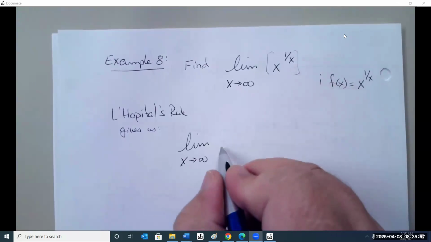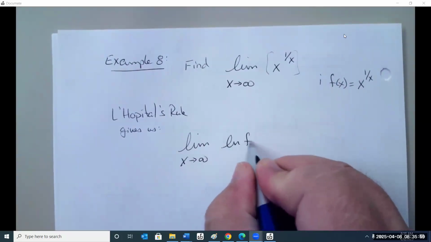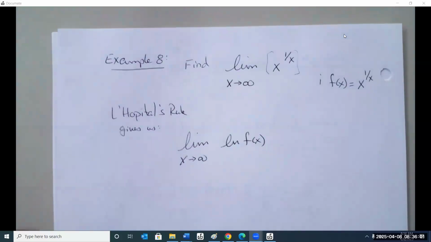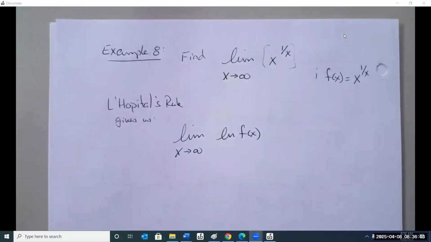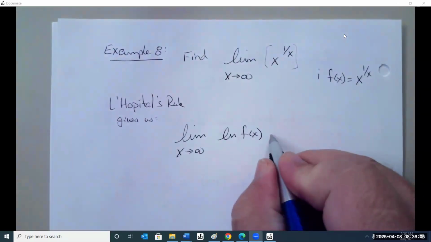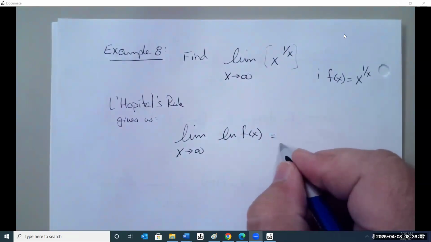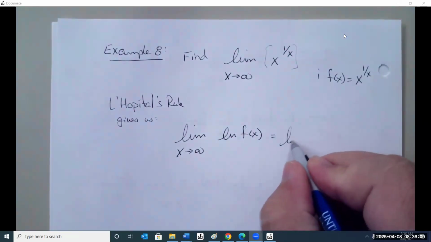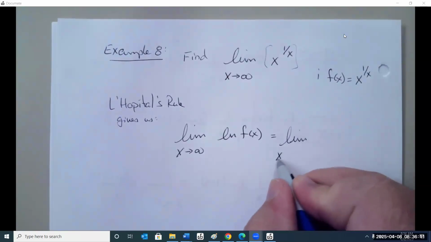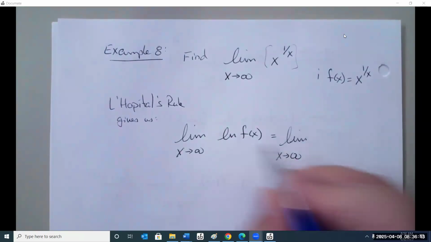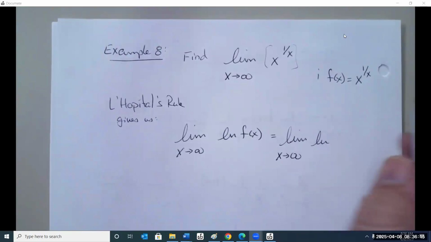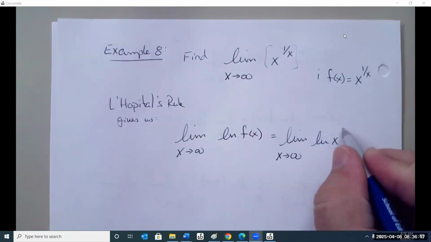We have to take the ln of f of x. So what does that mean? That's the limit as x approaches infinity of the ln of x to the power 1 over x.